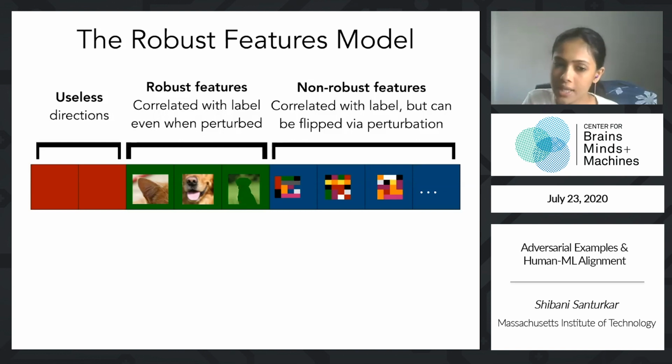You can't perceptibly change the image within these epsilons. So I agree with what you're saying. This is how we define robust and non-robust features in the first place, that they are dependent upon the magnitude and the set that you even consider. But given any set, what we're saying is that your features can be decomposed into robust and non-robust features. Okay, thank you.